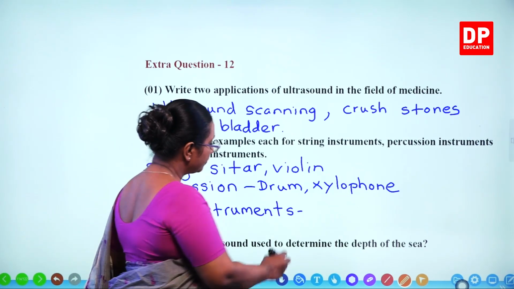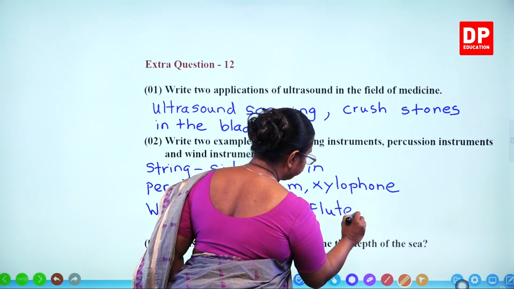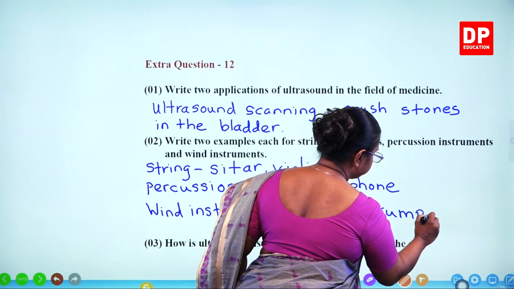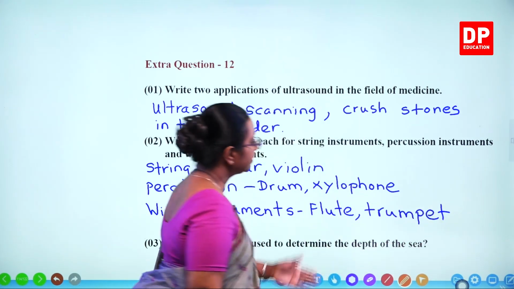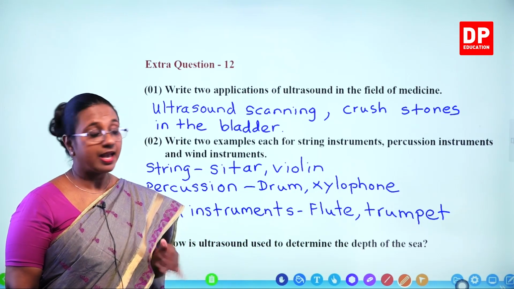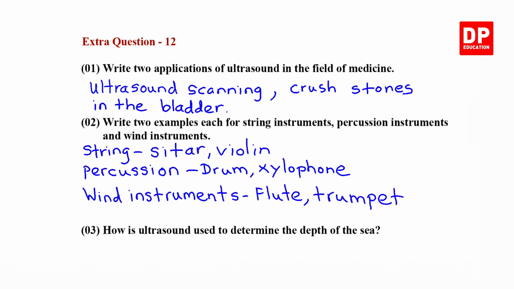So, wind instruments, I will write as flute and trumpet. But you all can write any instrument that you like as long as it's relevant to the correct type.